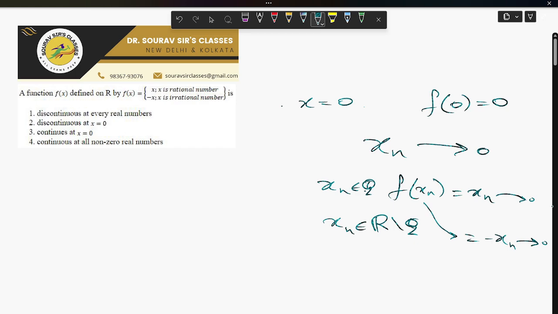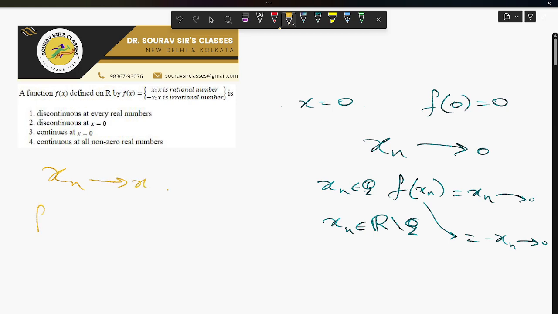Now we are going to check the continuity at x not equal to 0. For x not equal to 0, if x is rational, then f(x) is x, and if x is irrational, then f(x) is minus x. Consider a sequence of rational numbers xn going to x.